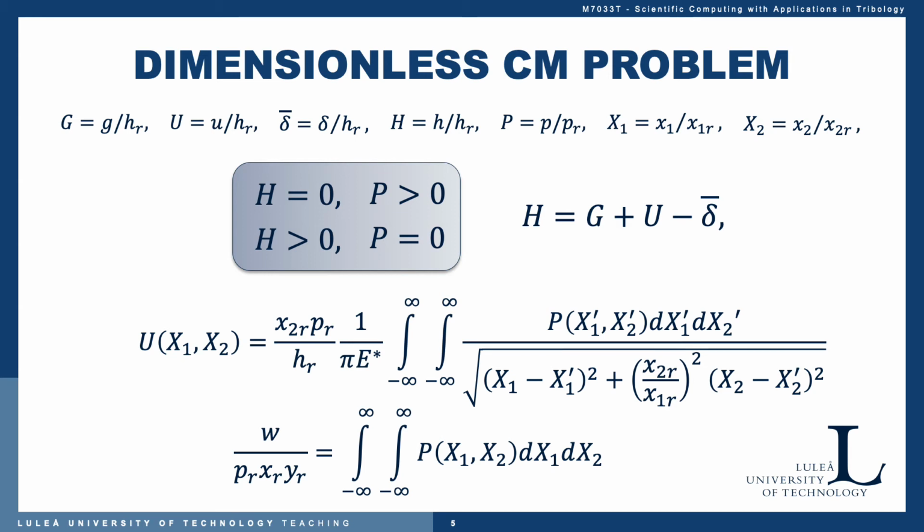When we did, we obtained the dimensionless representation of the problem, which in general form can be expressed like this. Well, on the surface, it doesn't look any different at all when you consider the complementarity problem, except for capitalized letters for the dependent variables and a small bar on the non-dimensional interference.